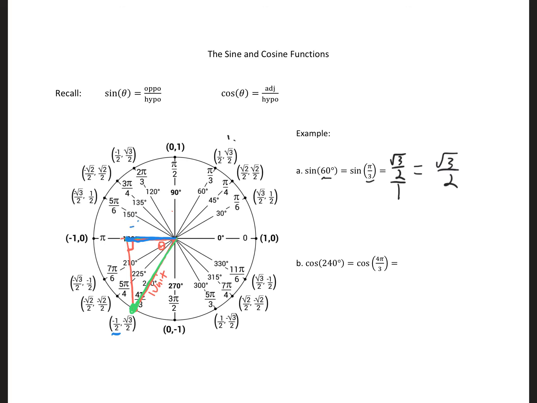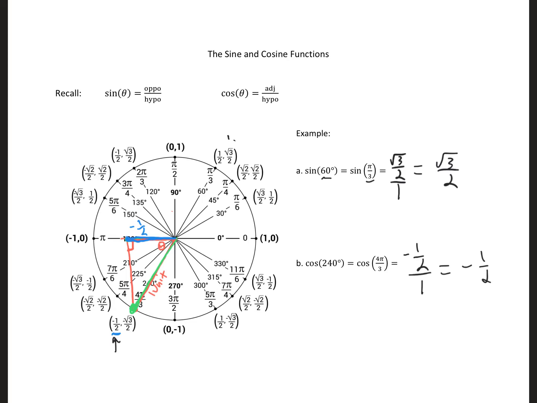We would move left 1/2. So the adjacent side has a length of -1/2. Cosine is adjacent over hypotenuse. -1/2 over 1 is -1/2. Notice how that is the same as this x coordinate.